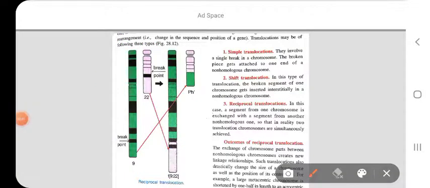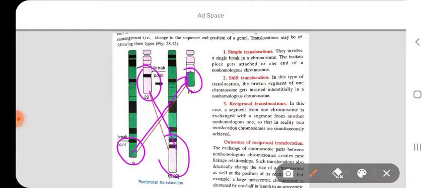You can see the break point is located right here, and they are exchanging the parts. This part goes to here and this part goes to this region. So transfer of a part of a chromosome or set of genes to a non-homologous chromosome is called translocation.